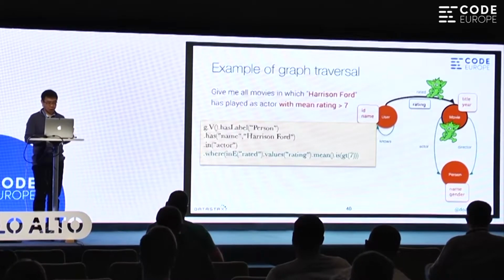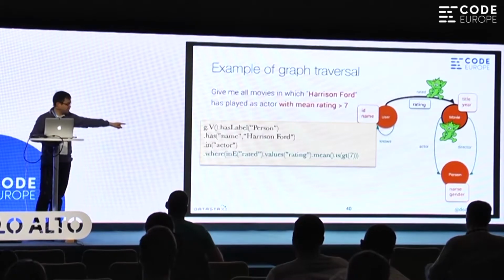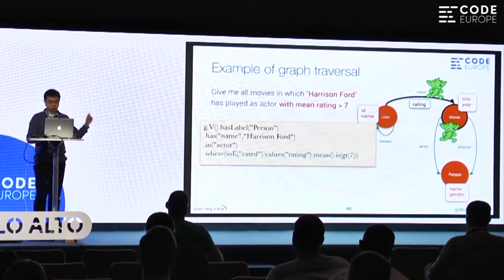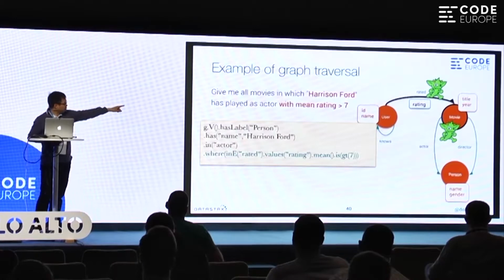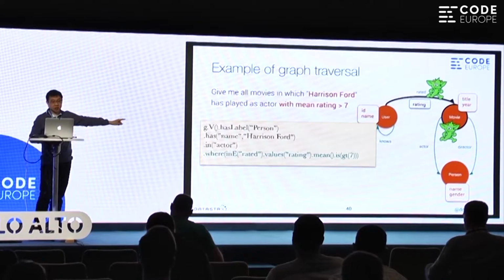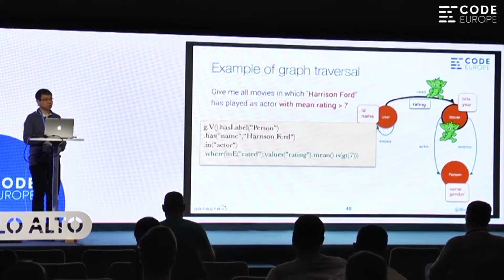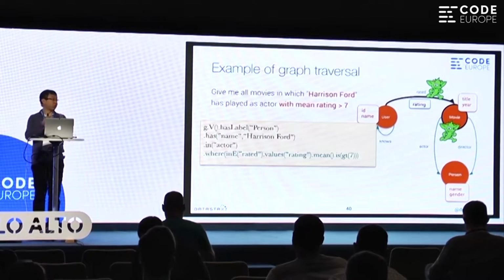Where in E rated, incoming edge rated, values rating. So I look at the incoming edge named rated. I look at the value rating. Mean means I compute the average, and I said that this average should be greater than 7. So it is equivalent to a filtering.